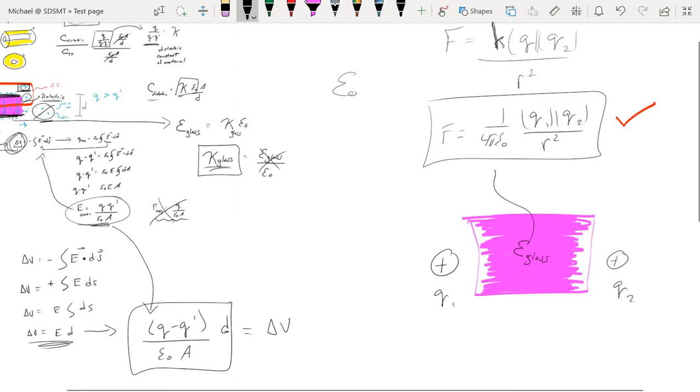We can either go in and replace every single epsilon naught that we've been using throughout the semester with a different epsilon value for glass, which in turn would change the value of K, or we can just take the kappa value, or the dielectric constant, that is associated with that material, and pair it right along with epsilon naught.